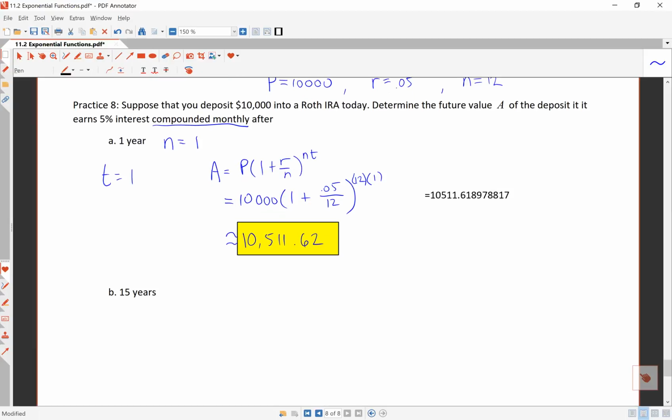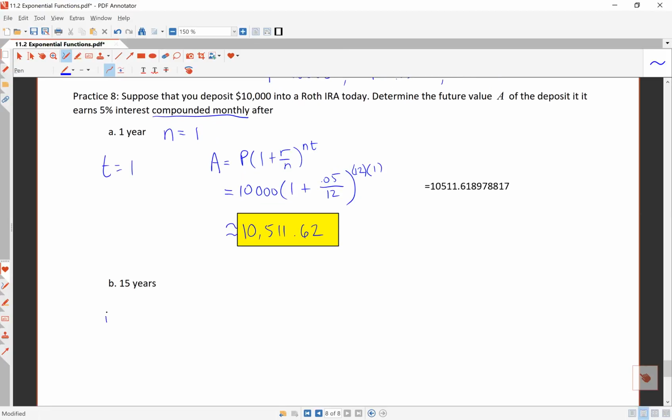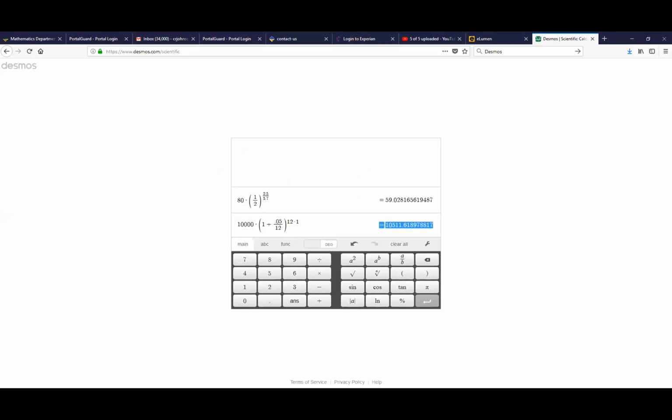For the next one, we're going to do this for 15 years. So T equals 15 years. We have 10,000 times 1 plus 0.05 over 12, raised to the 12 times 15 this time. Going back to the original calculation, we're changing 1 to 15.